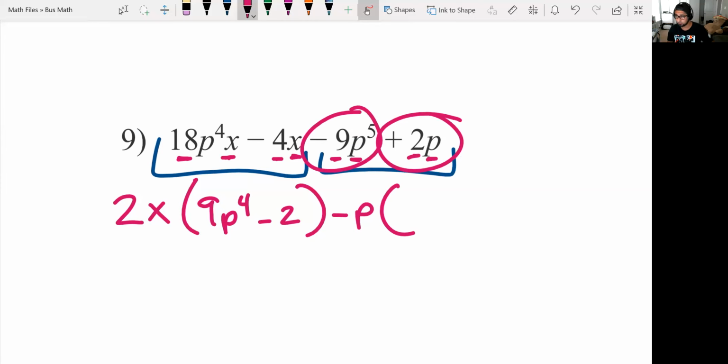Negative P from negative 9P to the 5th, negative from negative makes positive. So you'll get a positive 9, and P from P to the 5th gives me P to the 4th. And then negative P from 2P, positive 2P, negative from positive makes negative. Your P's will cancel, and you're just left with negative 2.